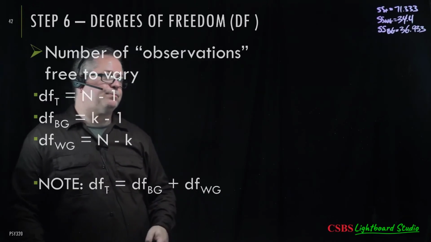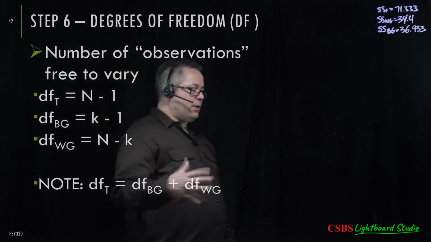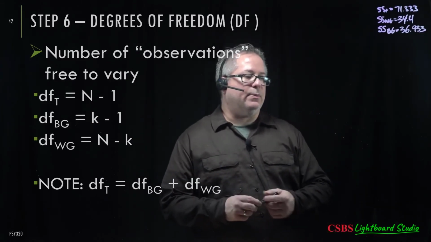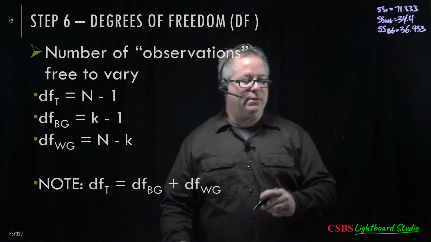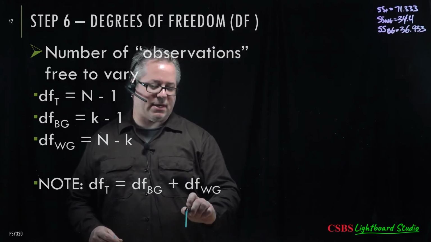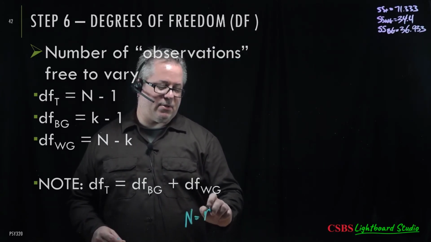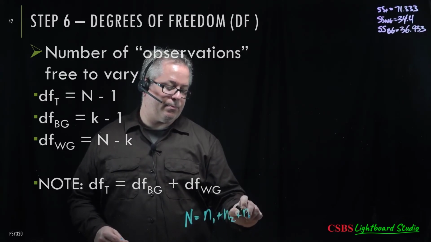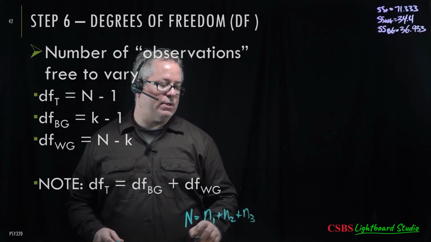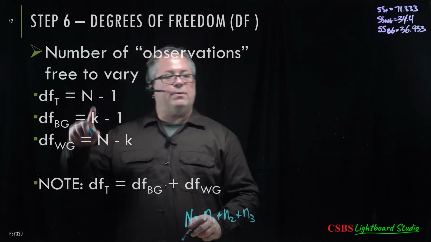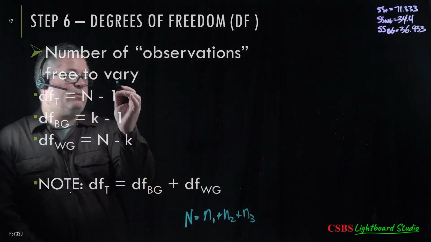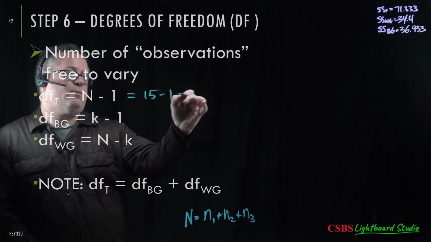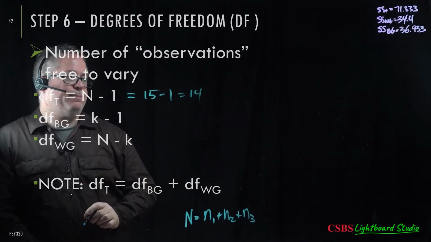Moving forward. So now what? We already talked about degrees of freedom, but let's talk about them again. When we talk about large N, capital N equals all of the little n's added up. We have three groups, so I add them all up. Big N minus 1, we have 15 babies, so 15 minus 1 equals 14 degrees of freedom.